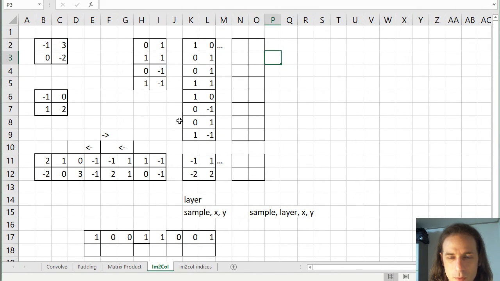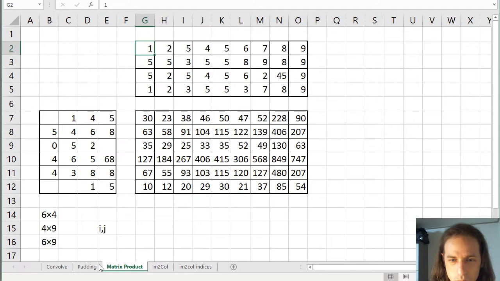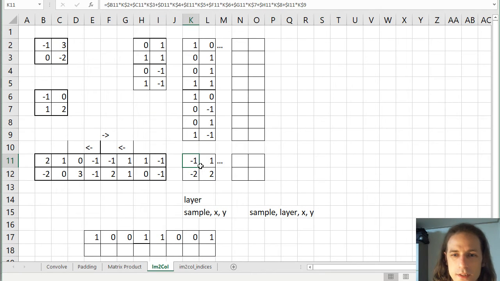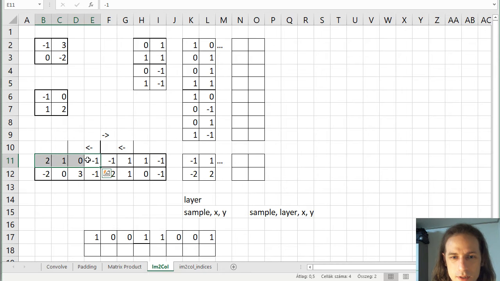So this is how it worked. Well, it's not as self-explanatory as I was thinking. Anyways, so we make this. This is the kernel flattened out here, I guess.